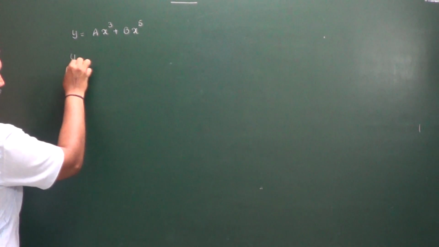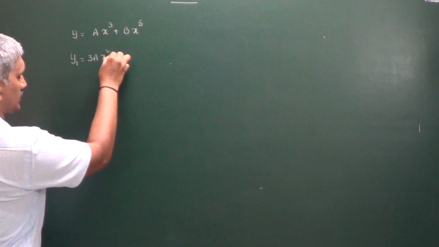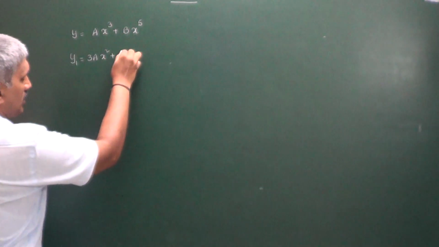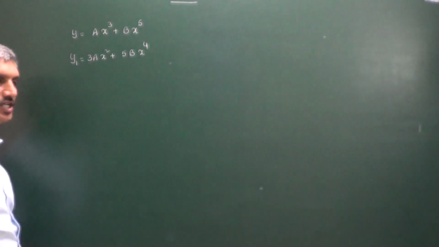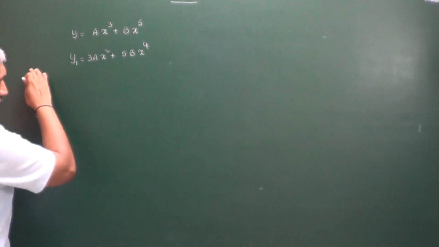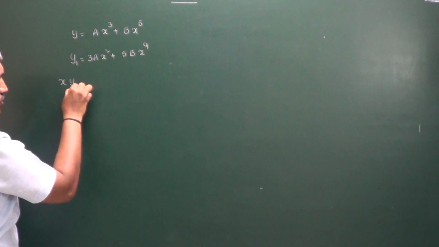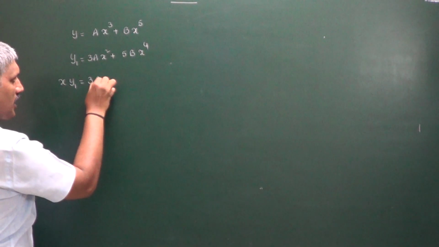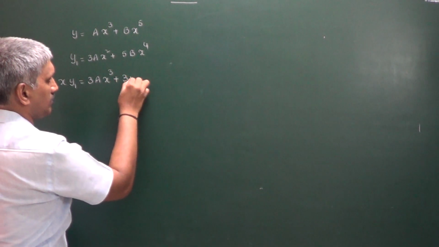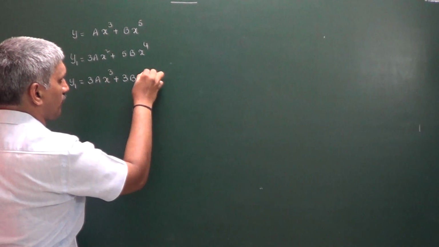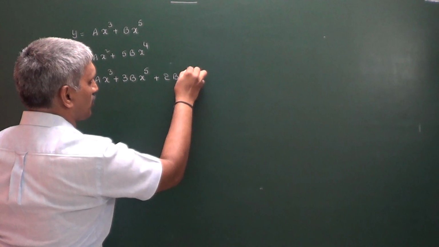Observe here. y1 = 3a x² + 5b x⁴. Next, multiply with x. Then x y1 = 3a x³ + 3b x⁵ + 2b x⁵.